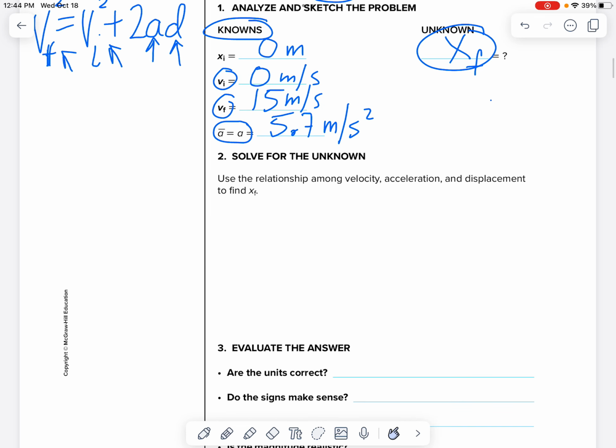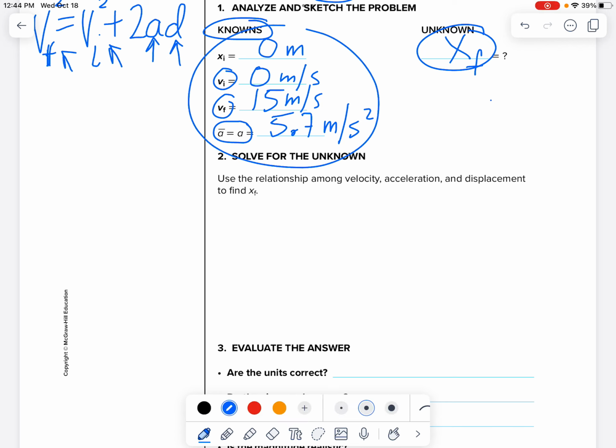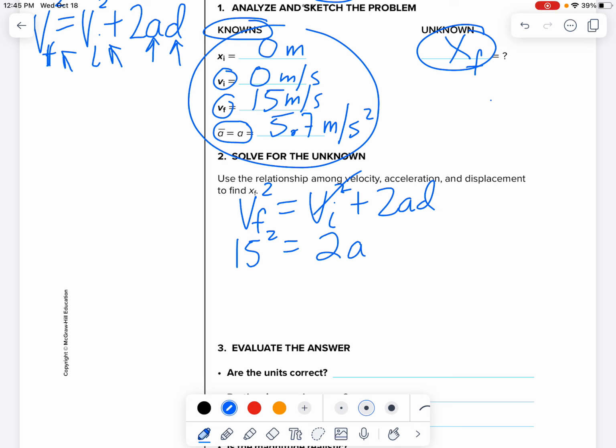So I'm going to plug these numbers. I plug the given values into my equation. Final velocity is 15. Don't forget to square it. The initial velocity is 0, so that's just going to be gone. Plus 2 times a, 2 times a times the d.